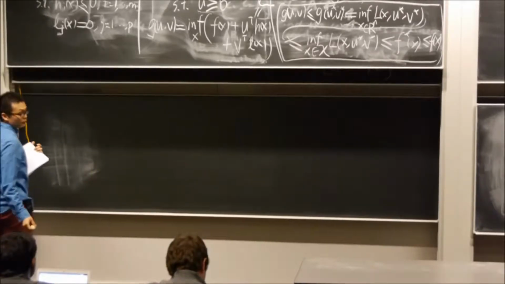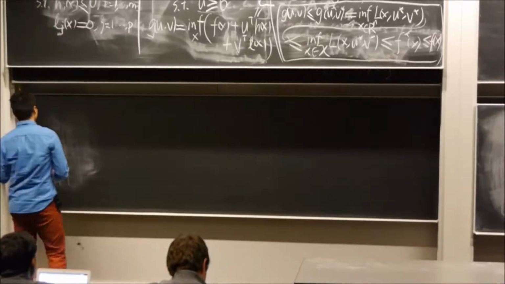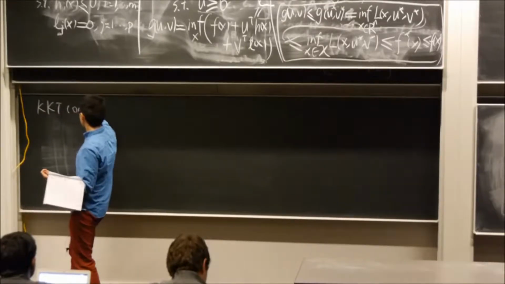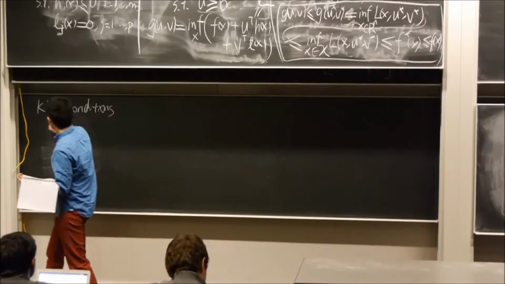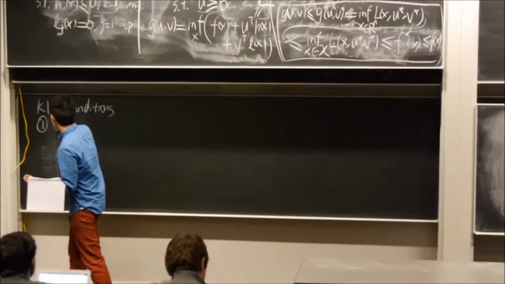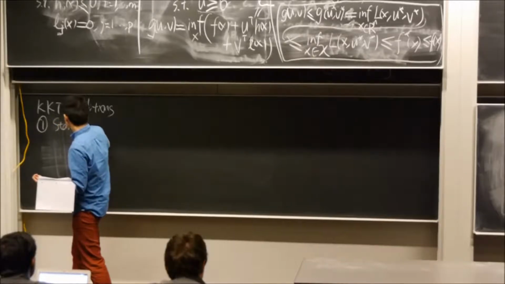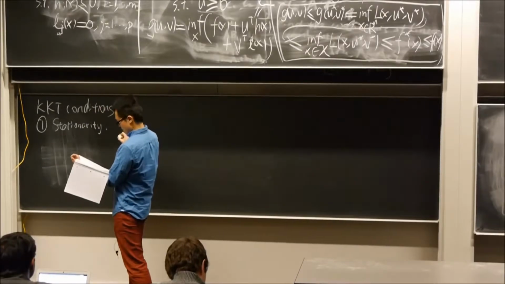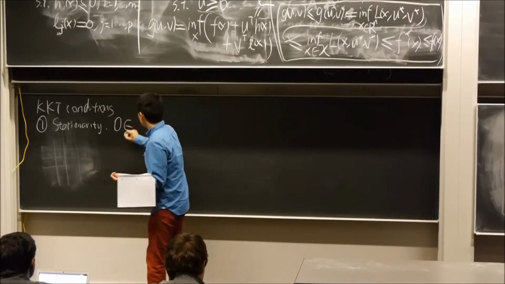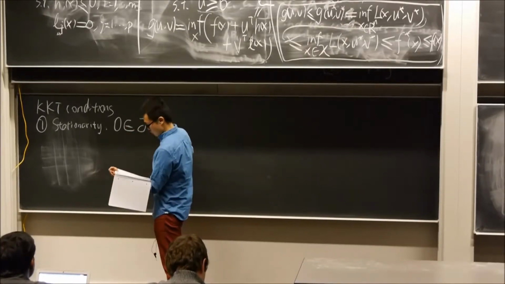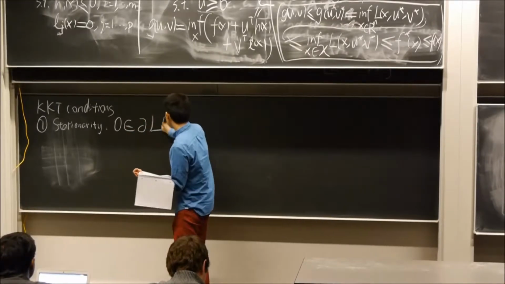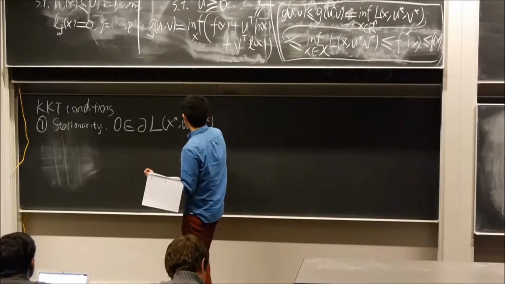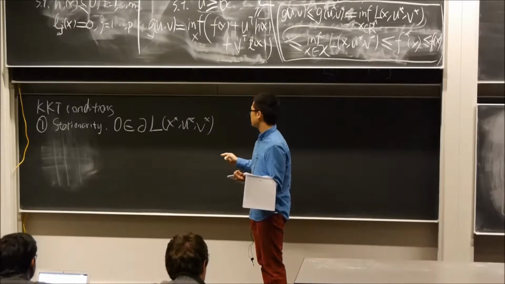So this gives us a very handy way of writing out the KKT conditions. The first condition is stationarity. It says that 0 belongs to the subgradient of the Lagrangian at the point where x, u, and v attain x star, u star, and v star.